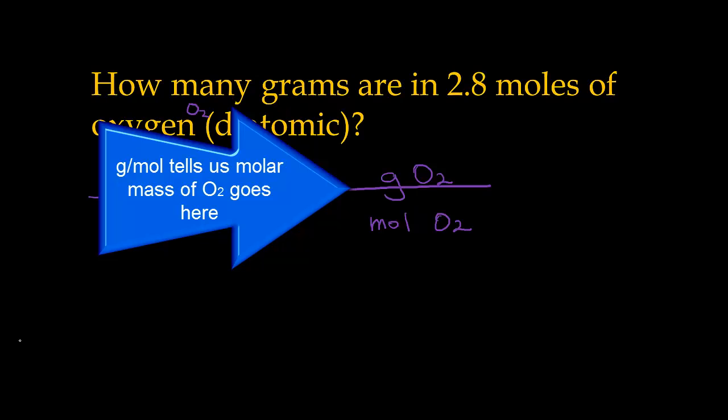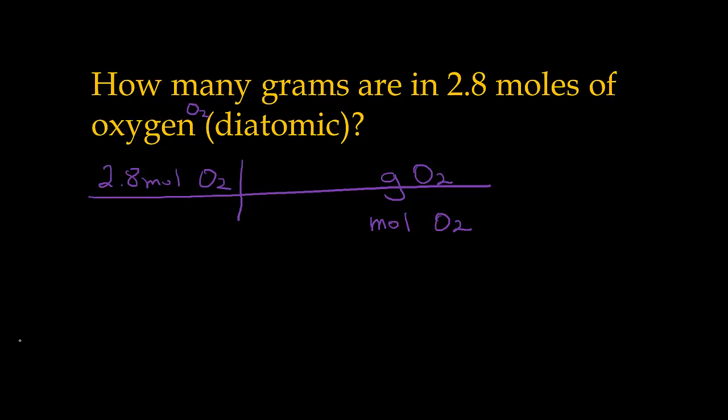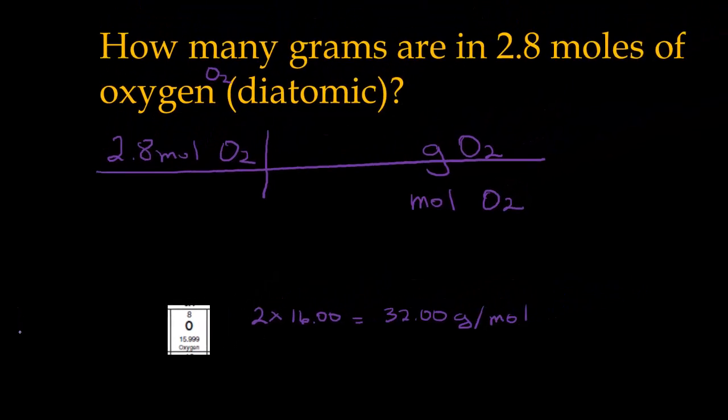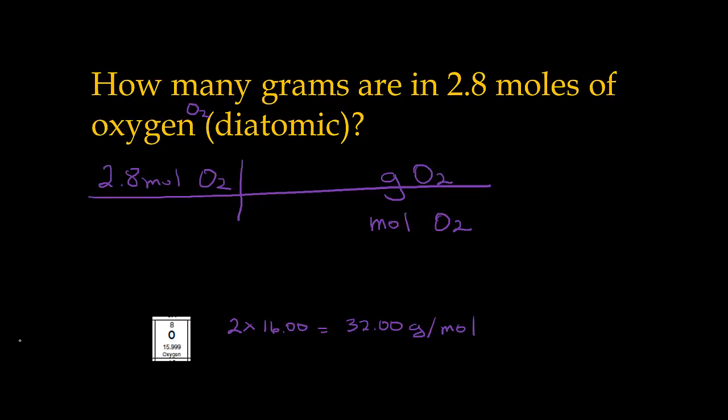Now this tells us what number we're going to put here, and it's grams per mole, which is molar mass. So we need to find the molar mass of O2. Oxygen is 16.0, and we have 2 of them, so it's 2 times 16, which is 32.00 grams per mole. Does it go on top or on bottom?